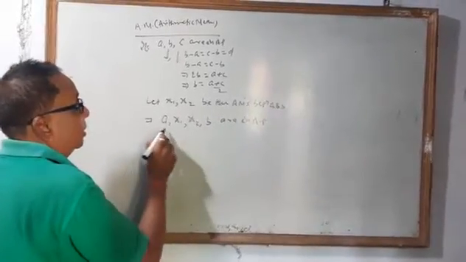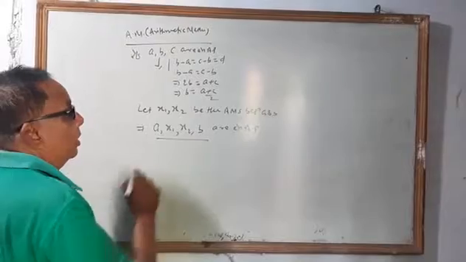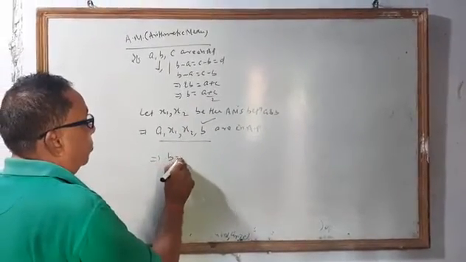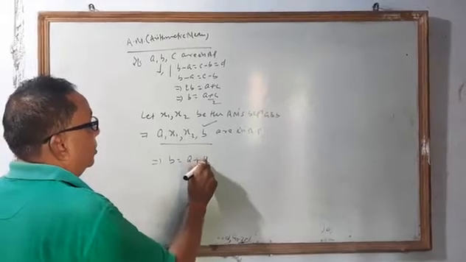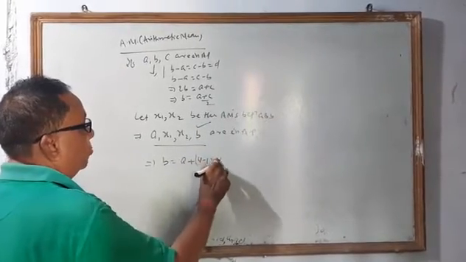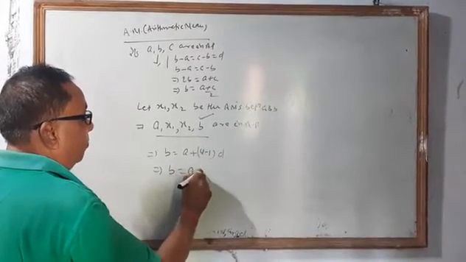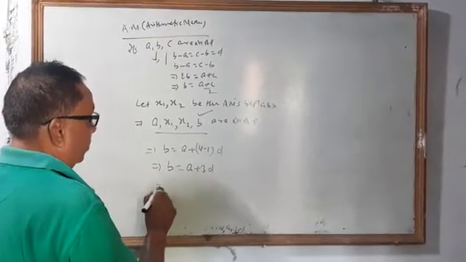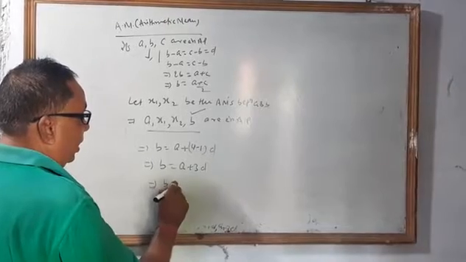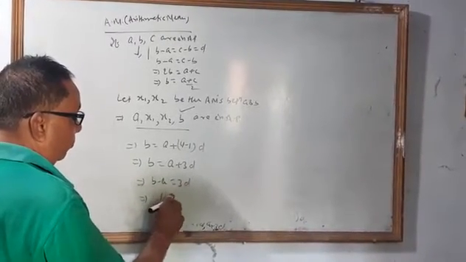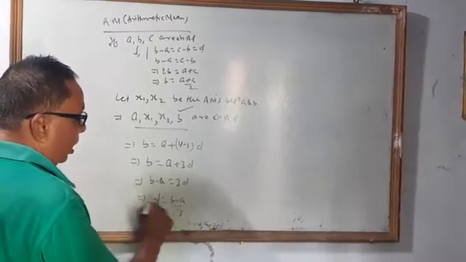Here the number of terms is 4, and b is the last term, so b equals a plus (4 minus 1) into d. That is b equals a plus 3d, so b minus a equals 3d. That means d equals (b minus a) upon 3.